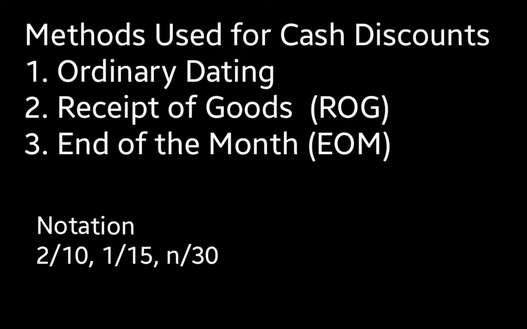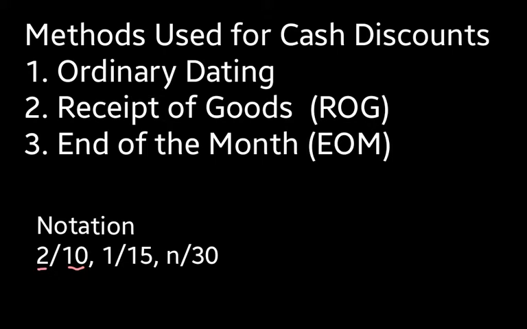The three methods used for finding cash discounts are ordinary dating, receipt of goods or ROG, and end of the month, EOM. And they all have a certain notation to them. The notation has a number, a slash, and then another number, and it's usually a couple sets of these. If it's receipt of goods, it will have an ROG. If it's EOM, or end of month, it will say that.